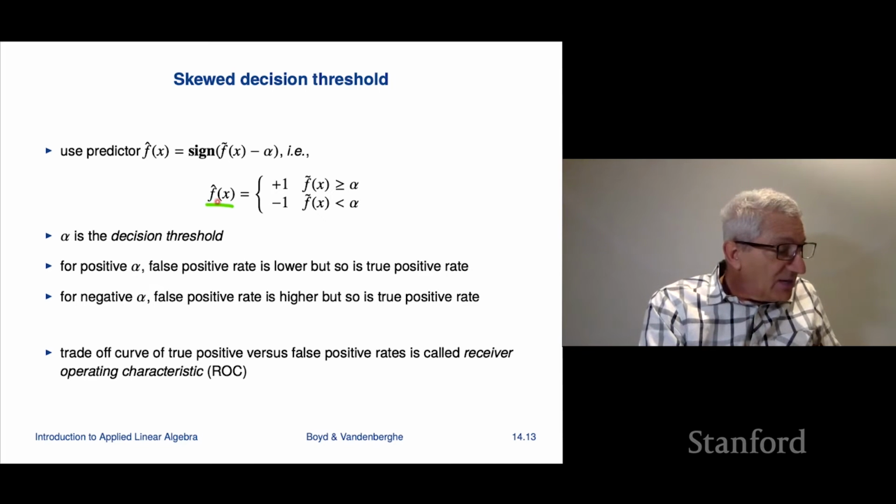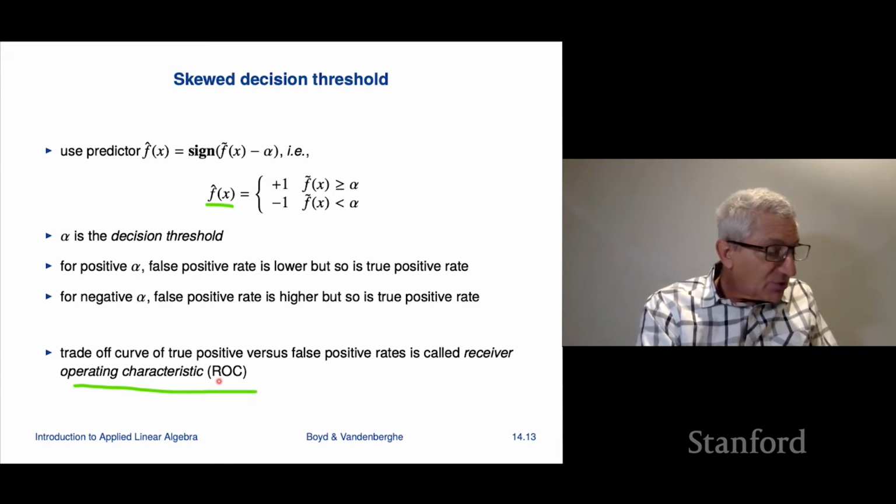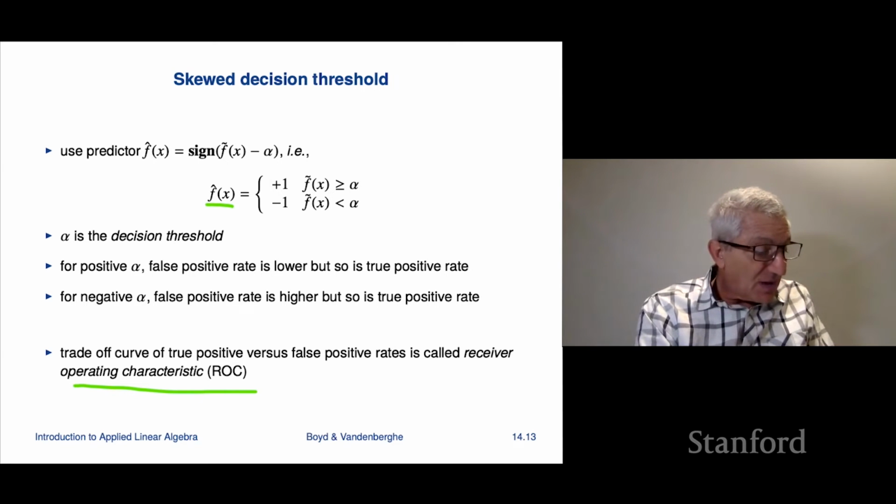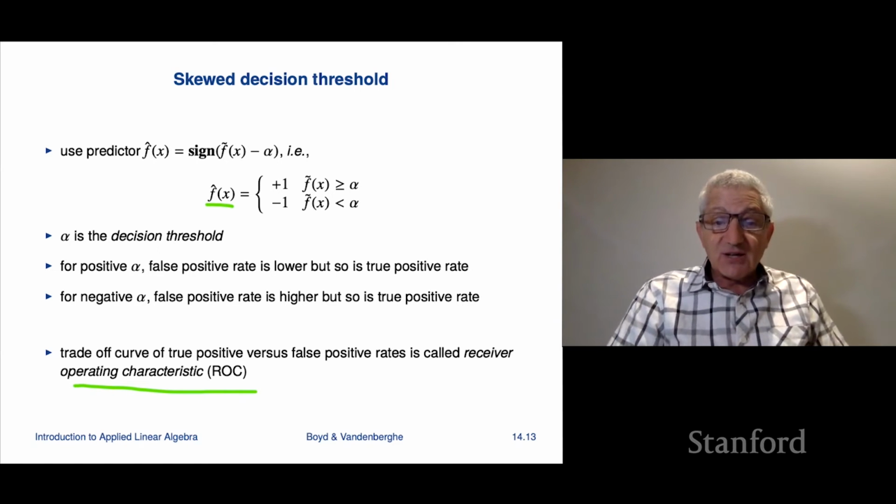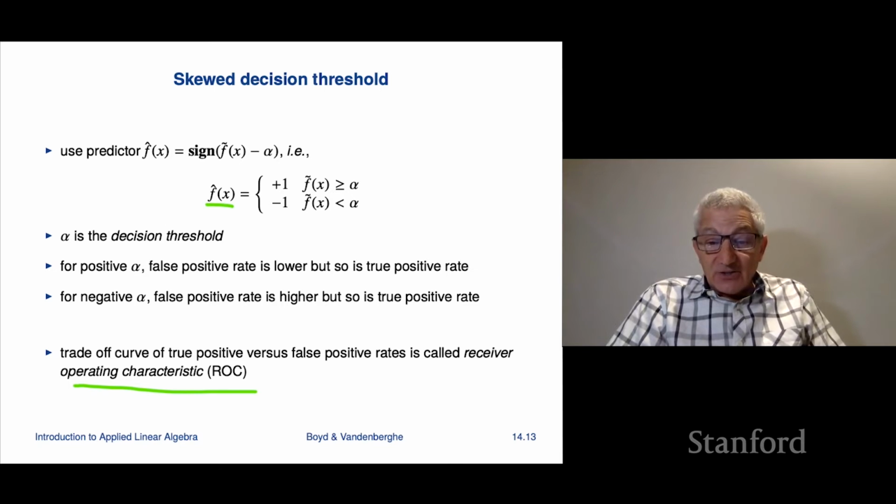Now, when you vary alpha and make a trade-off curve of the true positive versus the false positive rates, you get a strange thing called the receiver operating characteristic, or ROC curve. It is drawn in other ways, but this is the basic idea. I'll say a little bit about the history of it.